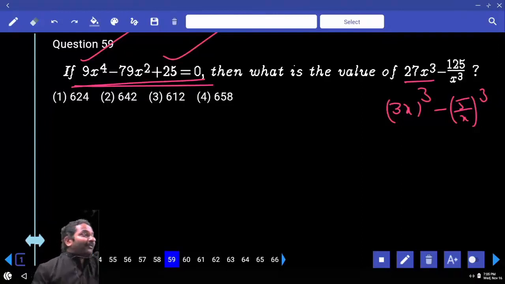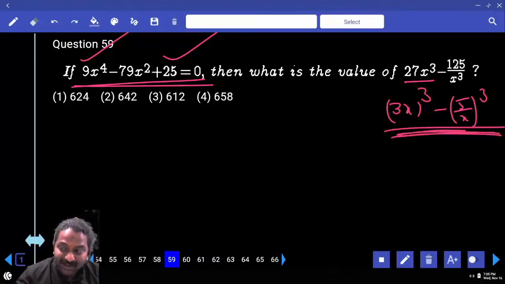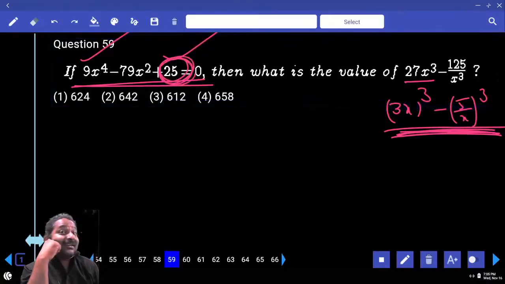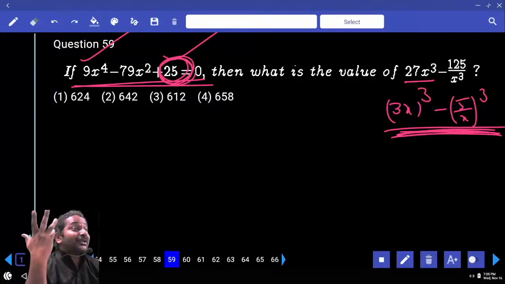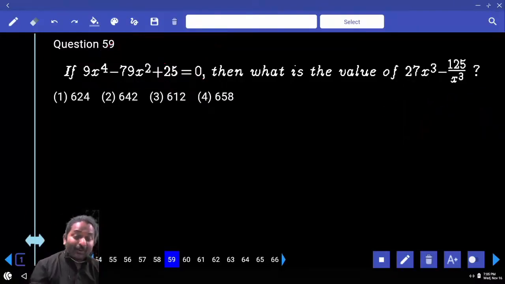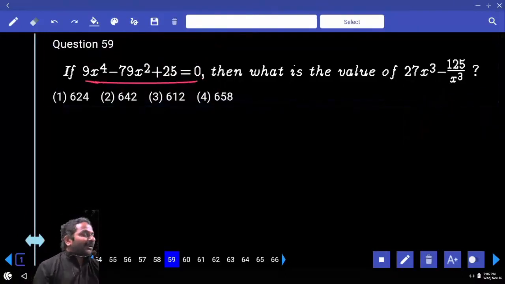But when you have 5, the denominator should be x, right? Look at our question. 3x cube minus 5x, 5 by x in the denominator. So when you have 25 here in the denominator, what should be there? x or x square or x cube? x square. So in order to have x square here, what should I do? Take x square common, left hand side.